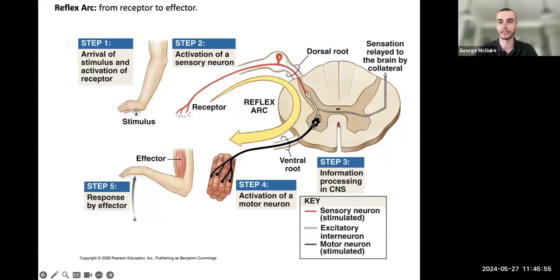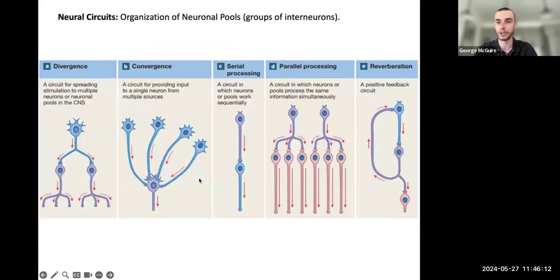That interneuron is then going to stimulate a motor neuron, which is going to cause a reaction in our effector, right? The muscle or the gland. And so these interneurons, this processor, the central nervous system control portion of this reflex, can distribute that information in different ways. They can diverge and synapse with multiple motor neurons after that, or more sensory neurons to send information to the brain.